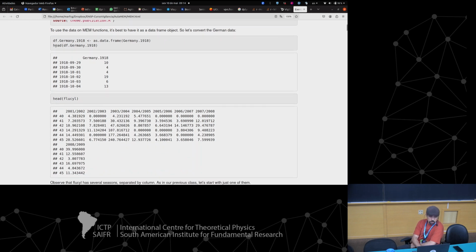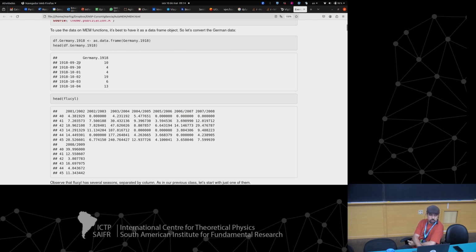So if we look a little bit into this data, the rows are already named, and you can see, as I mentioned yesterday, this is daily counts.